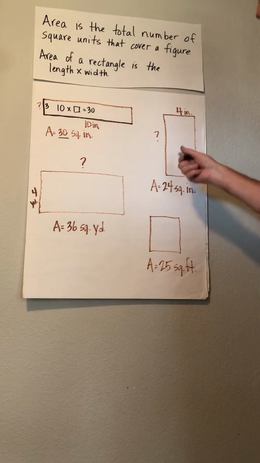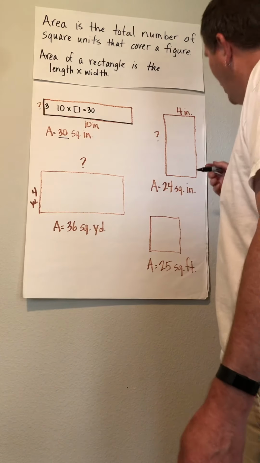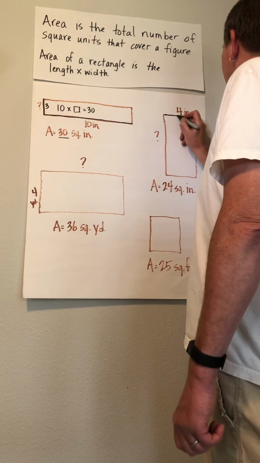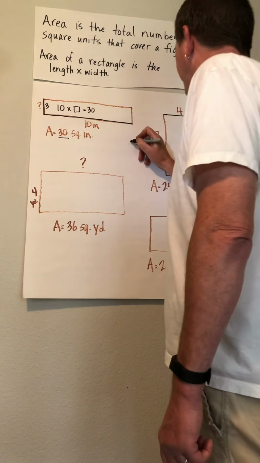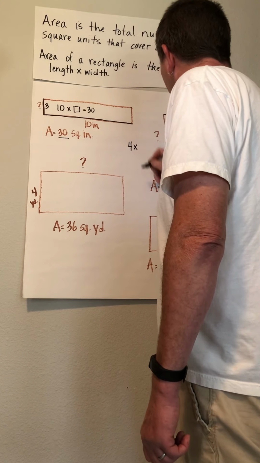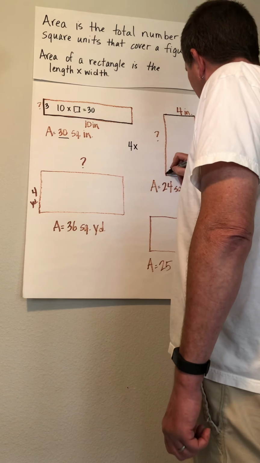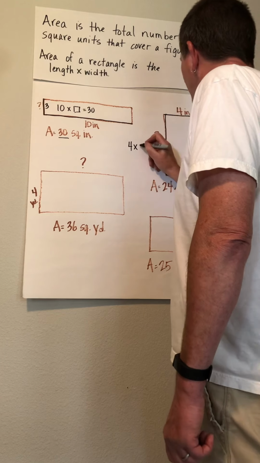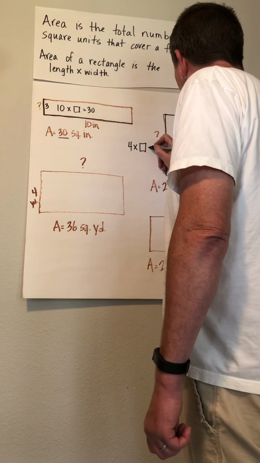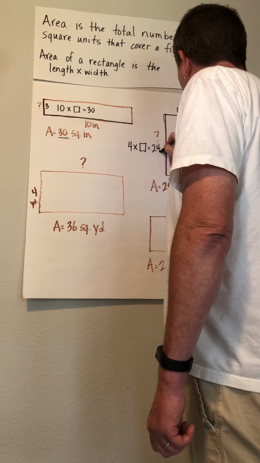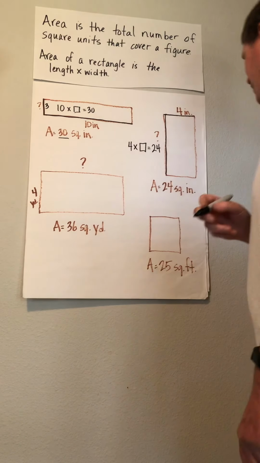Okay? Let's take a look at this one. What do we know? We know that this is 4 inches. So 4 times the unknown side equals 24 square inches.